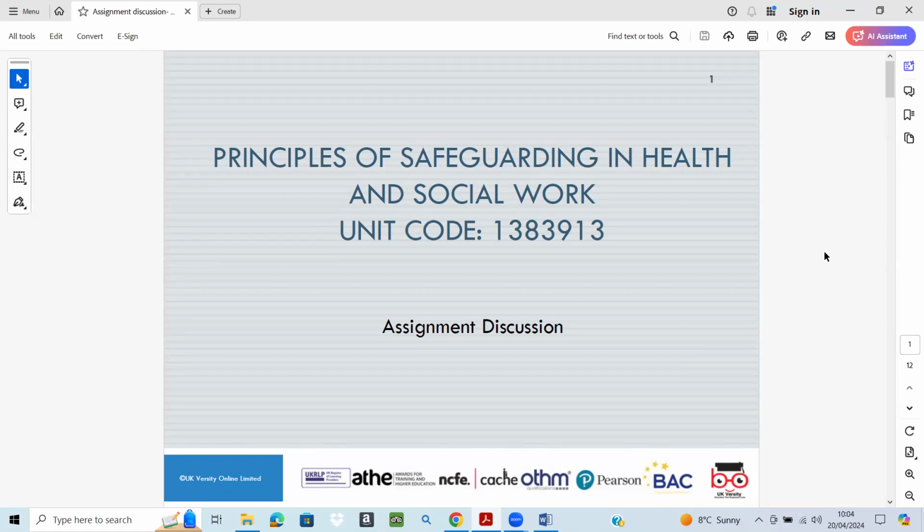Those in health and social work have a duty to protect the individuals they care for. Moving to the next point, what are the principles of safeguarding? One key principle is empowerment. What does empowerment mean in this context?